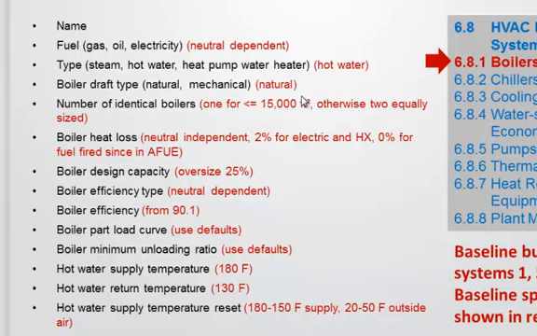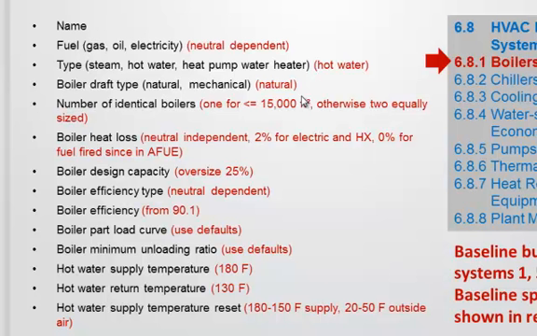The efficiency type, which would be either AFUE or thermal efficiency, and I think for most boilers it would be thermal efficiency, is neutral dependent. The boiler efficiency for the baseline is taken from 90.1. The adjustment curves for part load and unloading use the defaults.